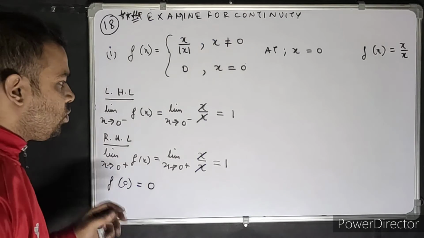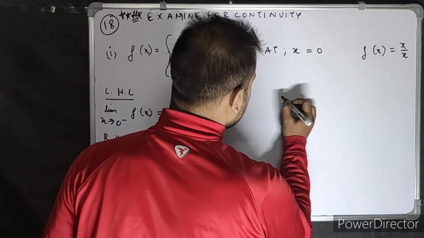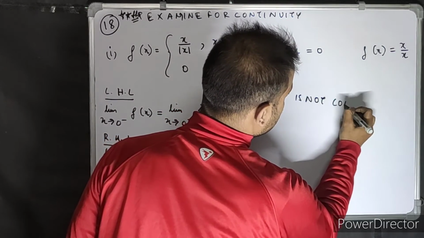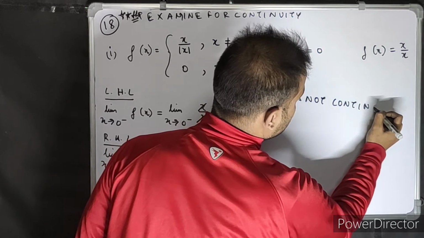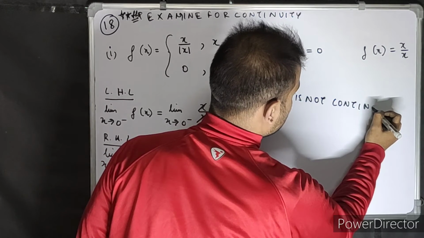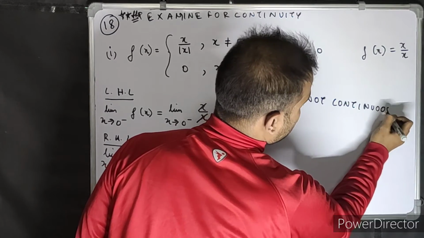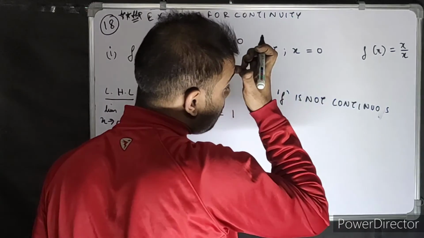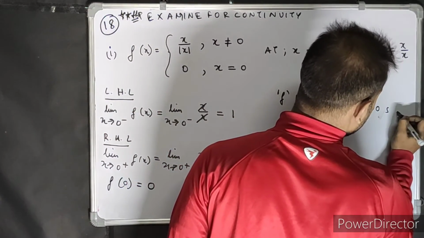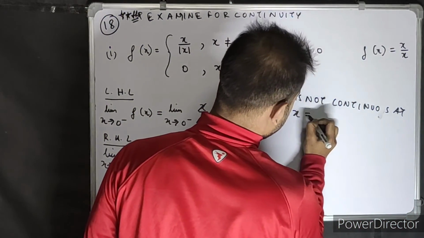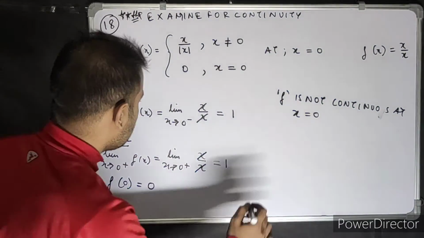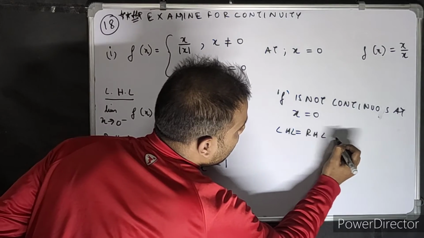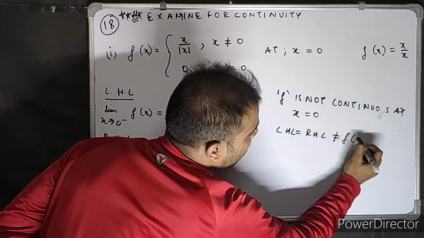So finally what can you say? The function f is not continuous at x equal to 0. Why? Because LHL equal to RHL, which is not equal to f of 0.